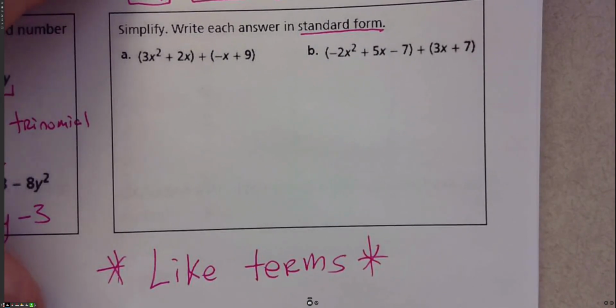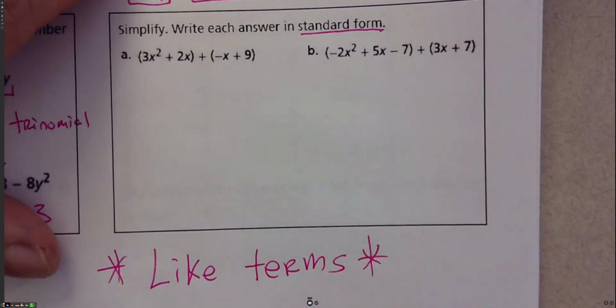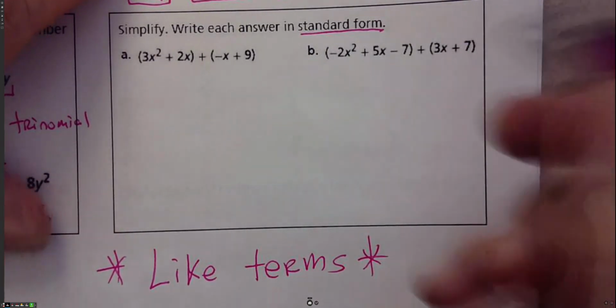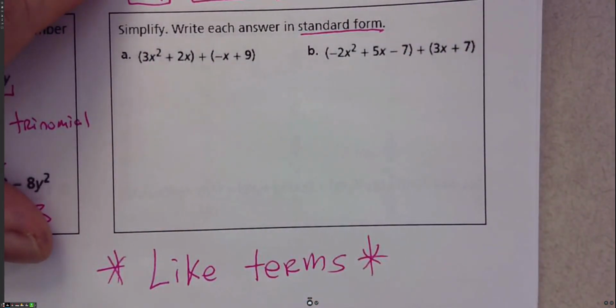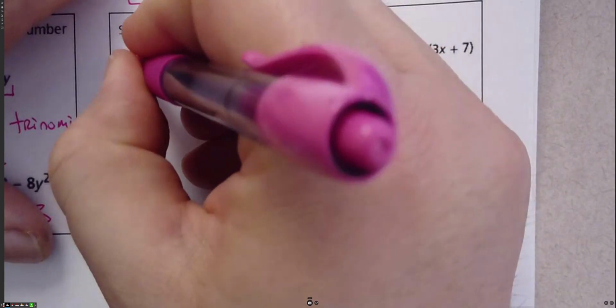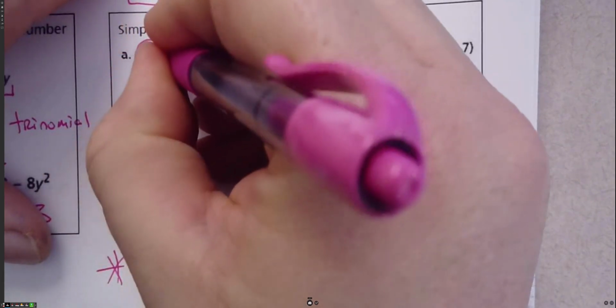I don't know when you learn how to combine like terms, but I like to put symbols next to like terms. We're going to go to the highest degree. What is our highest degree out of all of these? Okay, so I'm going to circle it.